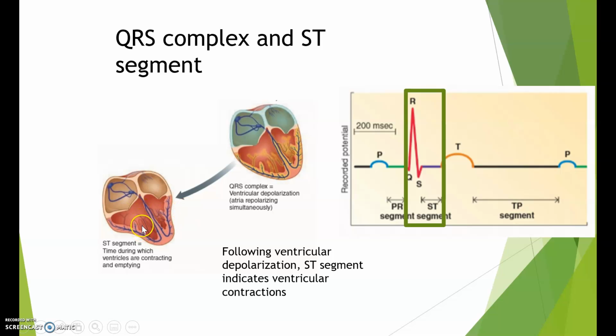Once again, from the right ventricle, we're going through the pulmonary artery to the lungs to get some more oxygen, and the left ventricle is pumping out to the aorta, going to the systemic blood circulation to give oxygen to all the tissues of your body. And following this, once again, QRS complex, ventricular depolarization, these are the electrical potentials being reached, ST segment, ventricles contract. Let's look at the next step.